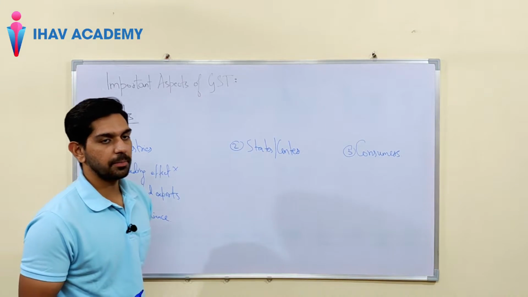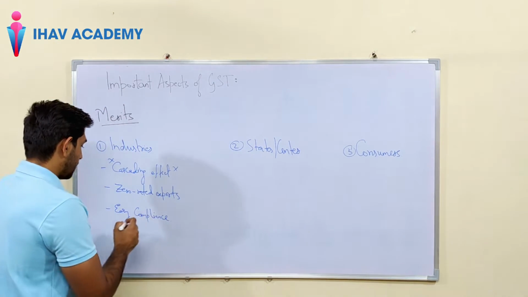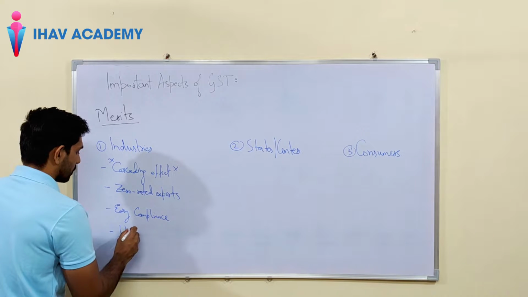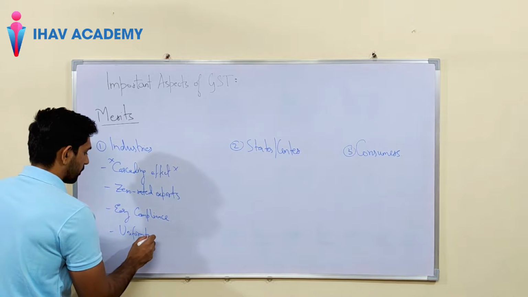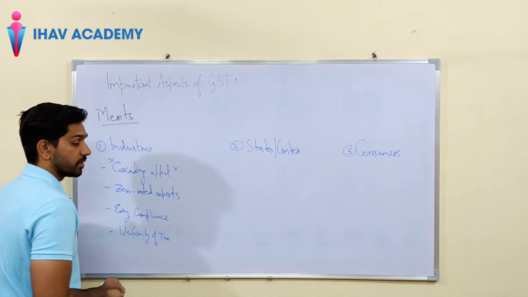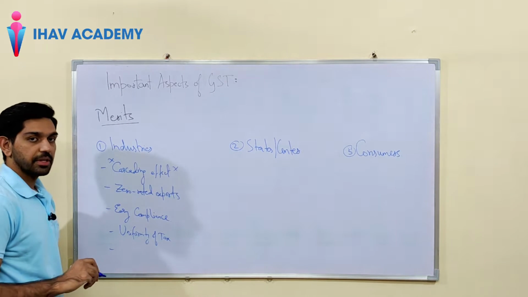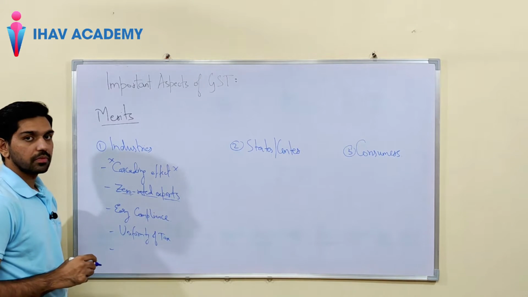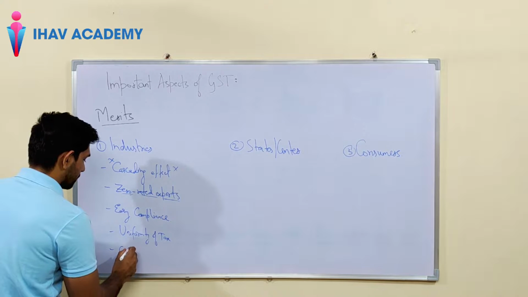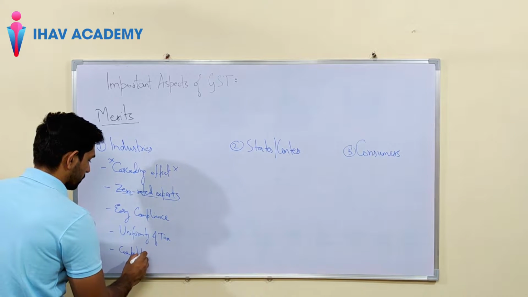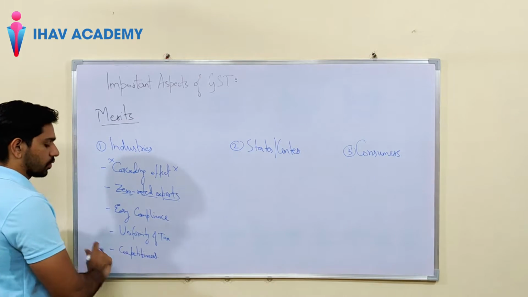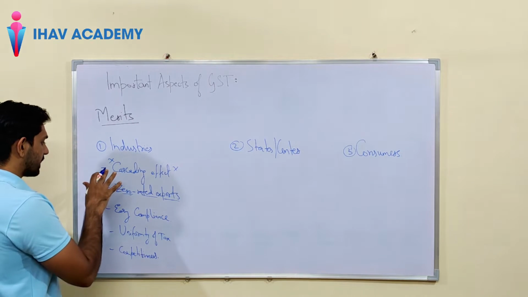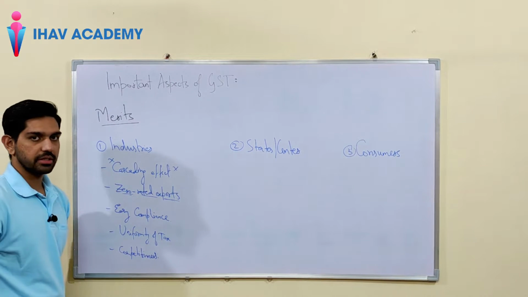The whole process of GST implementation is the easy compliance, and the next objective of the implementation of GST is the uniformity of tax laws. कौन सा? इनडायरेक्ट टैक्सेस. और लास्ट में जो मैंने पूरा पॉइंट एक्सप्लेन किया था, विच इज सिमिलर टू दिस पॉइंट, क्या है? कॉम्पिटिटिवनेस. Competitiveness of the Indian industries will rise up. So these are some of the merits for the industry stakeholder.